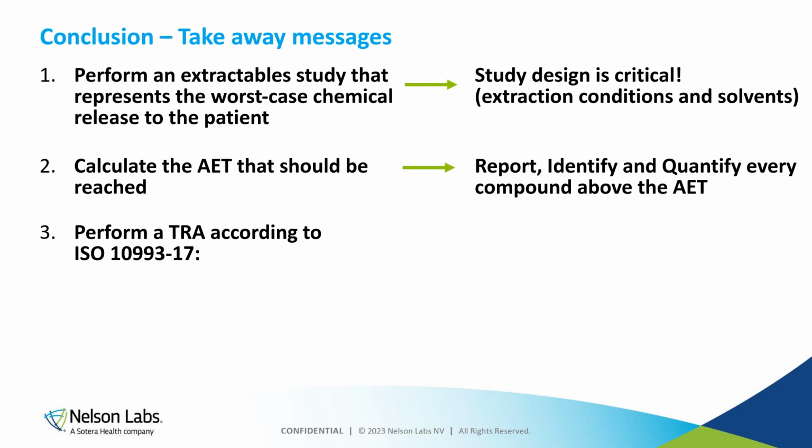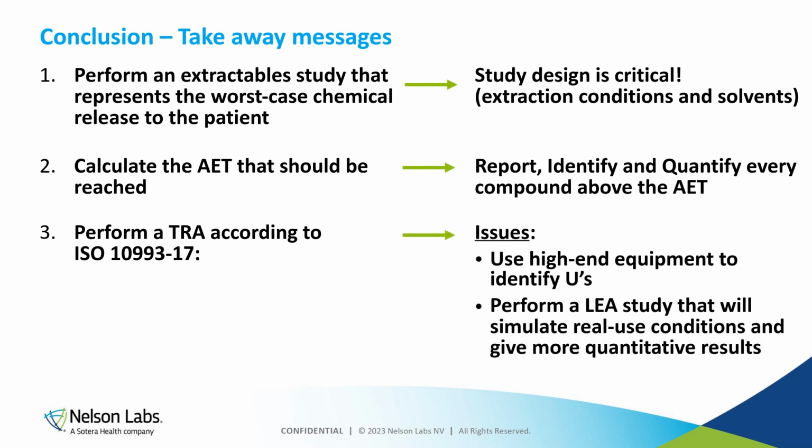Now, a chemical characterization study is followed up by a toxicological risk assessment. If there are issues, for example, when you end up with too many unknowns, if the identification level is insufficient, you can move to second pass testing. So using high-end equipment to identify these unknowns.